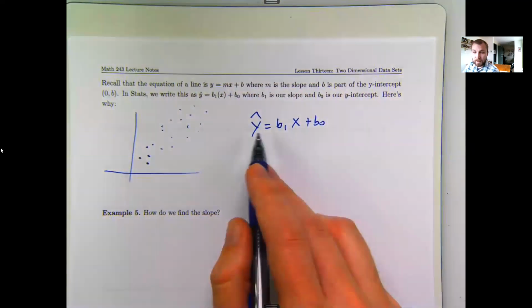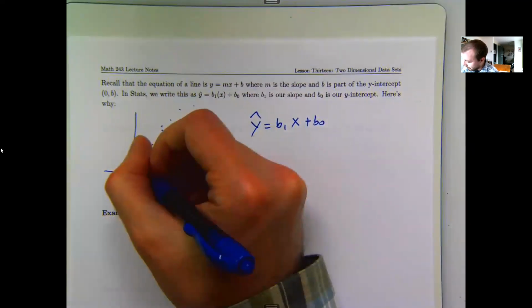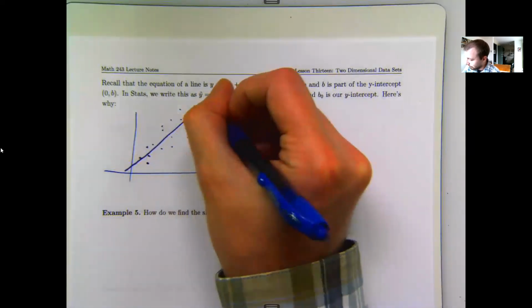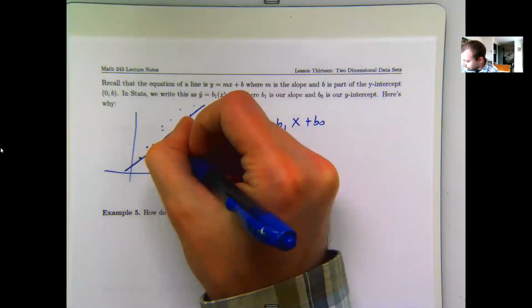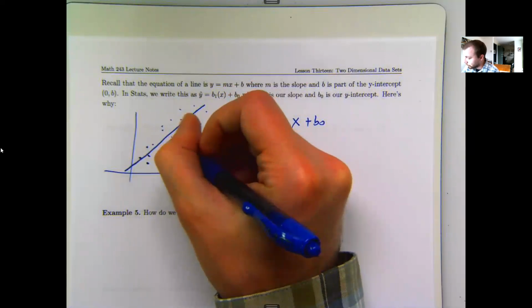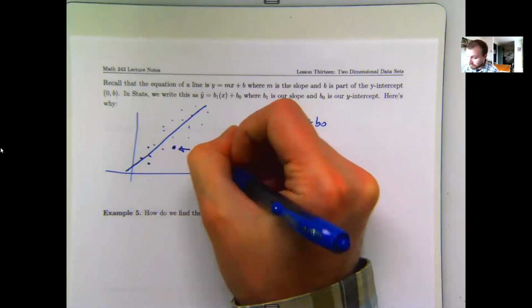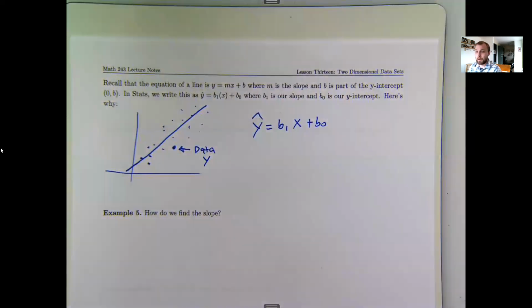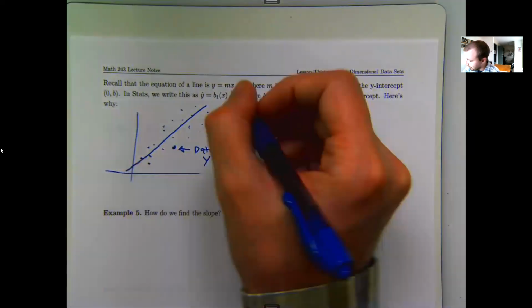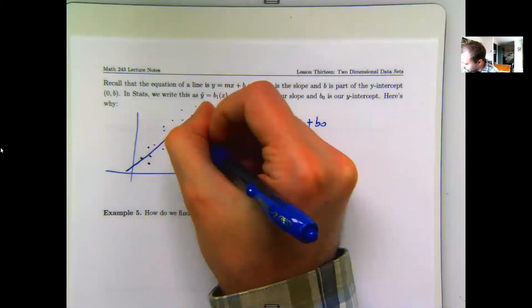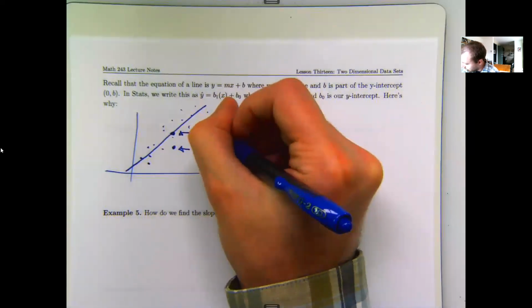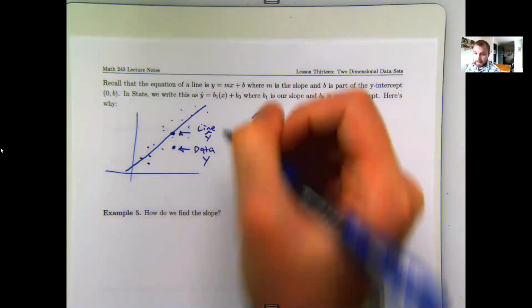And if you're wondering, well, why isn't it just the letter y here? Well, when I'm looking at this picture, all of my data points, these are actual things that have happened. So my data represents the true values for y. Your line itself is predicting what should be happening, so your line is actually a y hat.